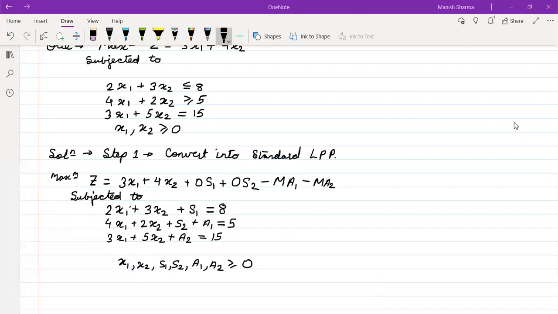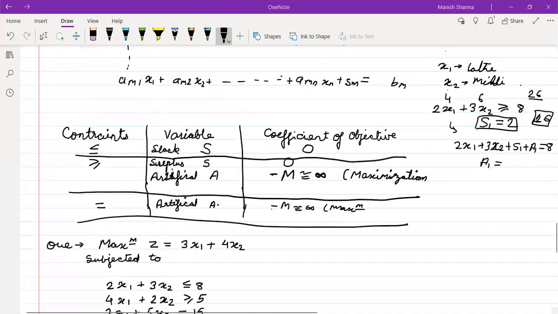Sir, why should we add artificial variables? Actually, Swati, this we have already discussed, I'll again repeat it. Say for example, in this case, there is a constraint like 2x1 plus 3x2 should be greater than or equal to 8, where x1 and x2 are machines like lathe machine and milling machine. If you keep the values at 4 and 6, then the overutilization is 16 hours.